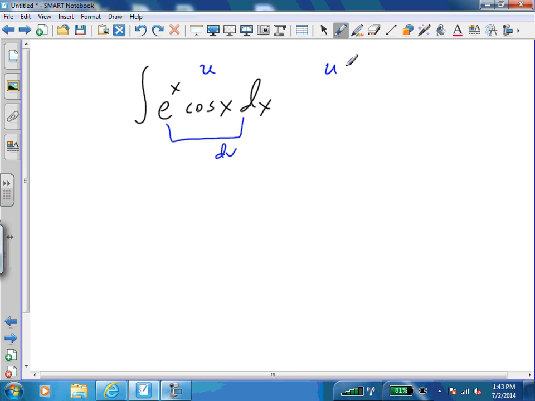So let's call u cosine x, dv e to the x dx. So what would v be? E to the x. And what would du be? Negative sine x dx.